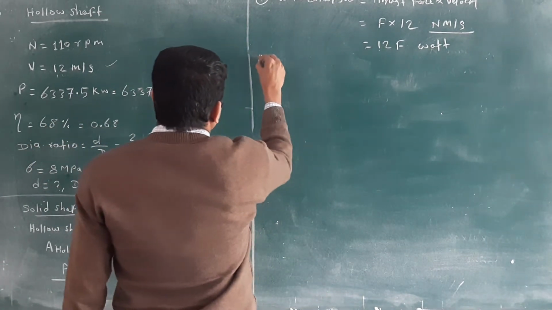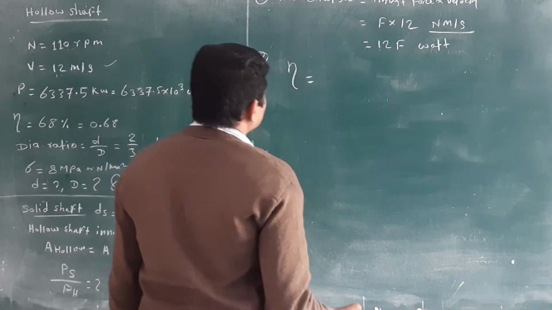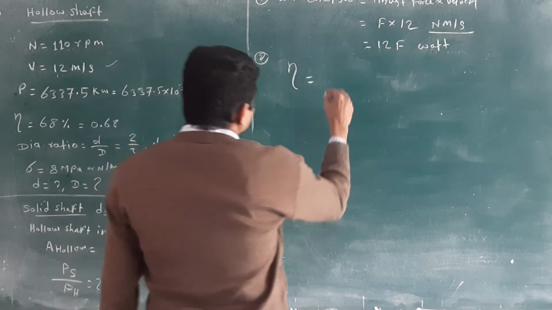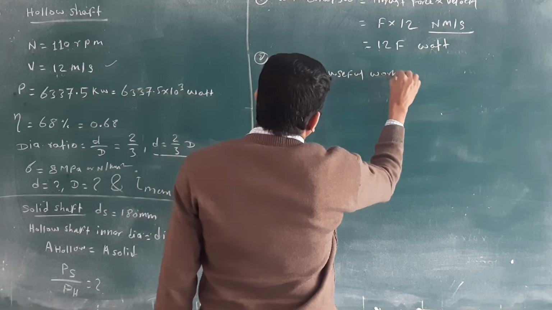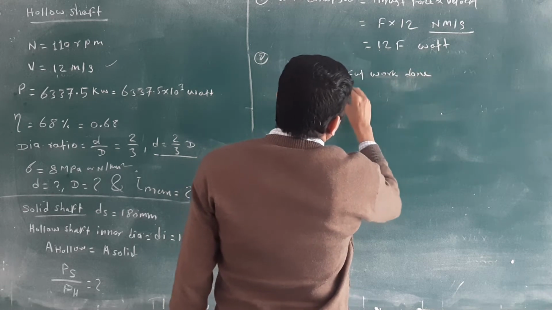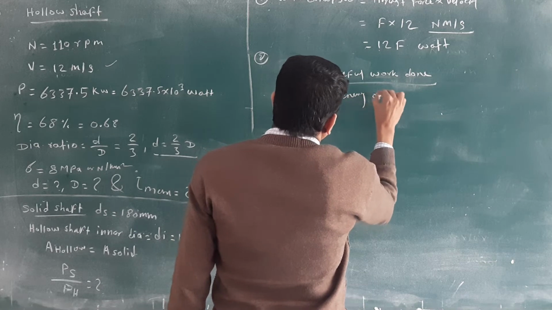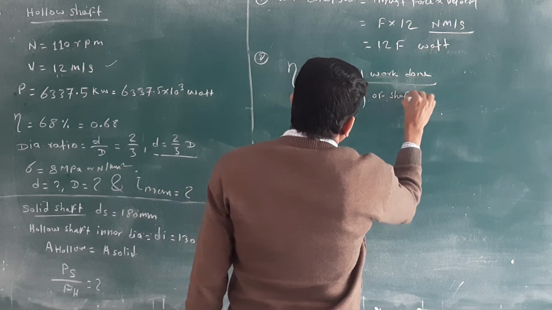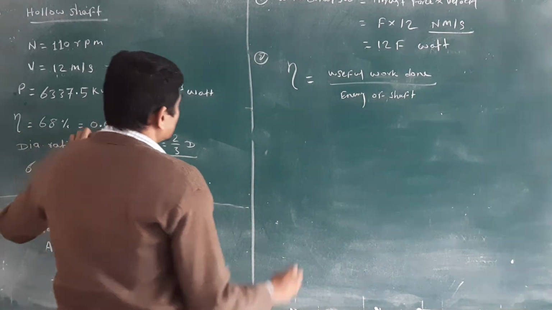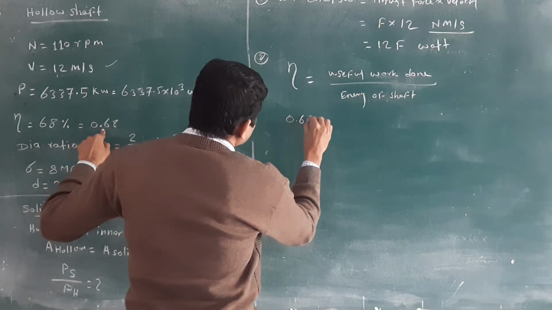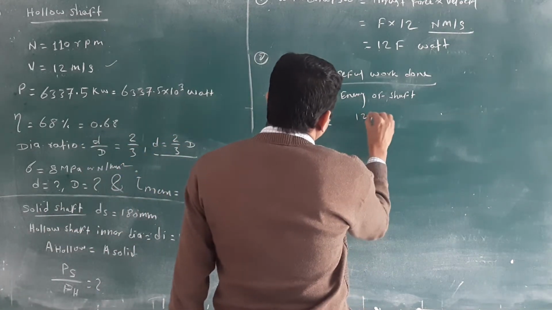Then second step. What is the efficiency of that thrust? What is the formula? It is the ratio of useful work done to the energy of shaft, or we can say the power of that shaft. Then we can put the value. What is the efficiency? 0.68. Useful work done, we have calculated that value here.